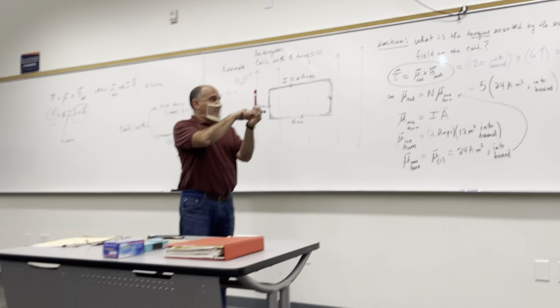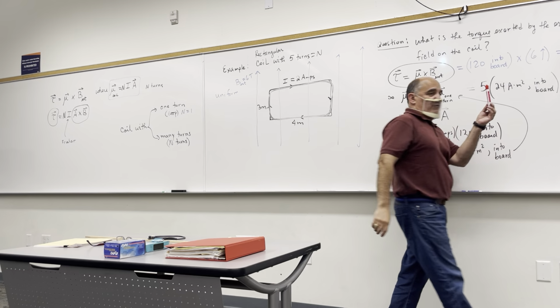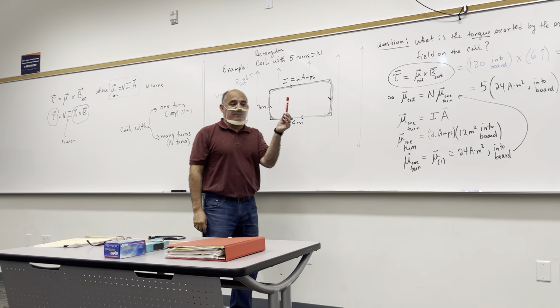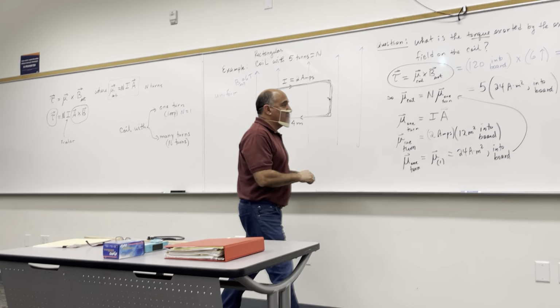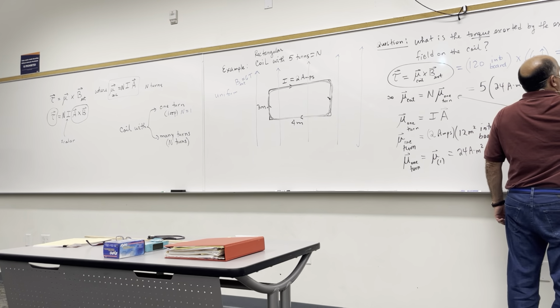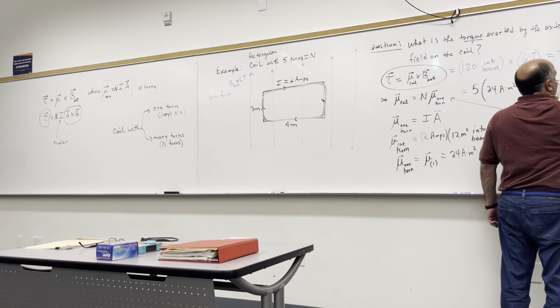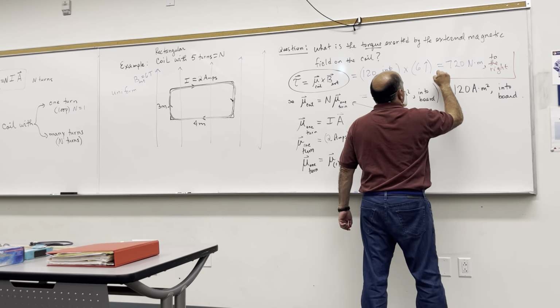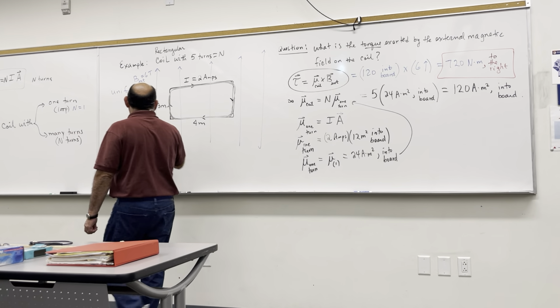The first vector is into, the second vector is up. So 4 fingers into the board, palm up. To the right. Do it with my left hand. That's the direction of the torque. So the torque acting on this loop is to the right.